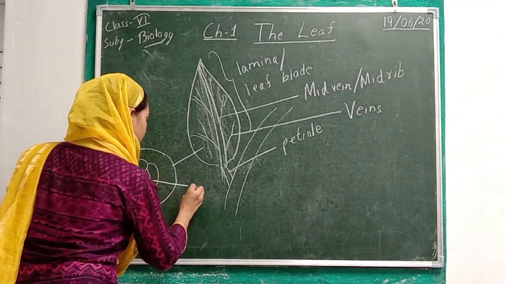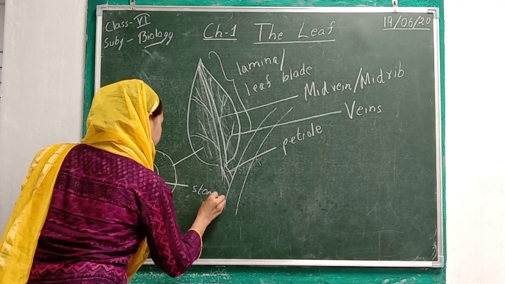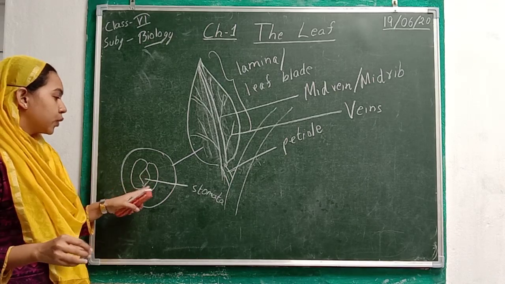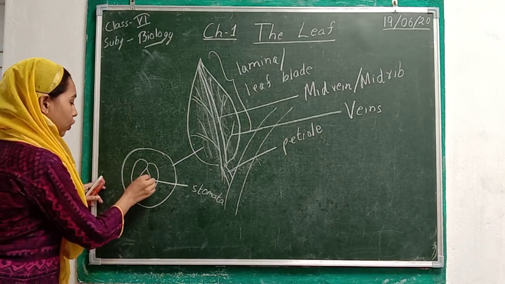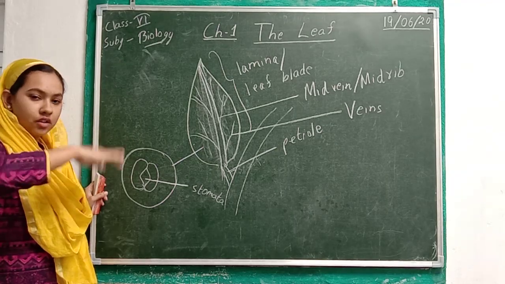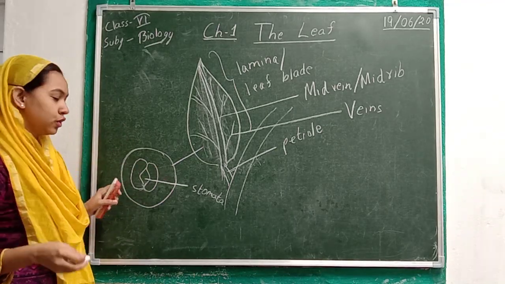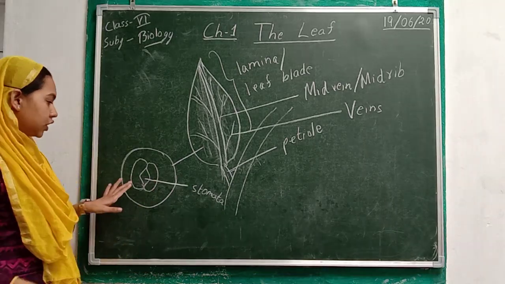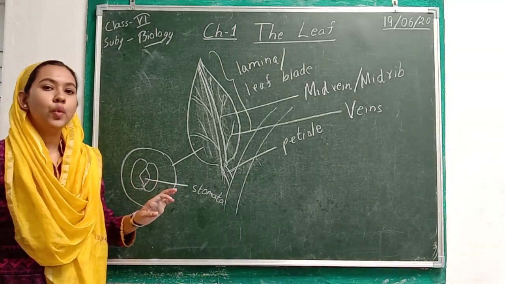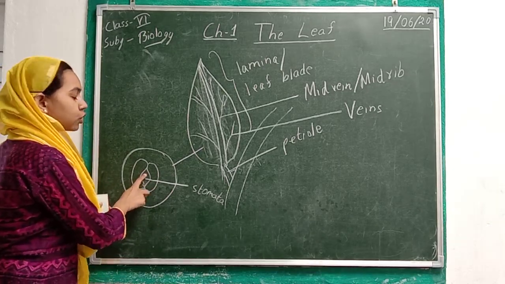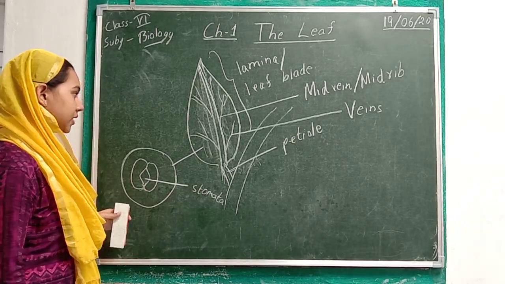Now this pore is known as stomata. The reason why this pore is present is that it is required for the exchange of gases between the leaf and the air in the atmosphere. And one more thing, when plants take in excess water, the water also exits through this pore, which is known as the stomata.